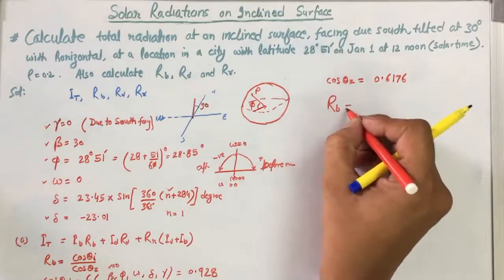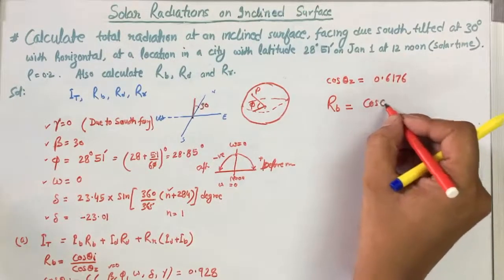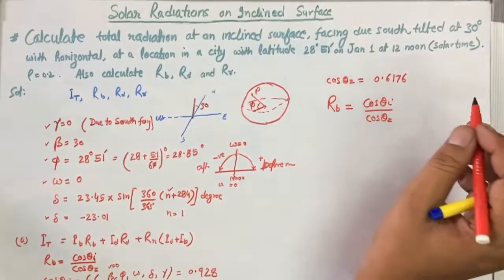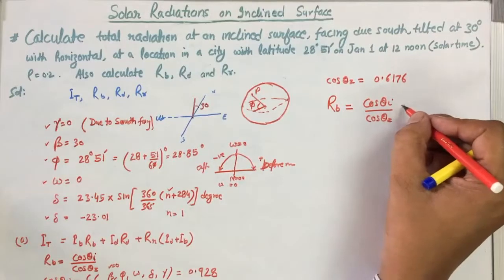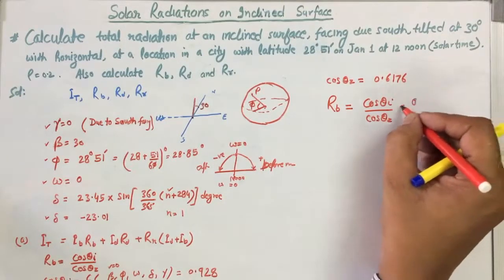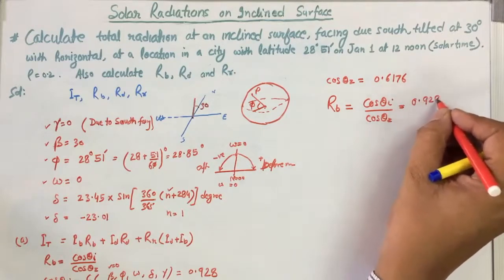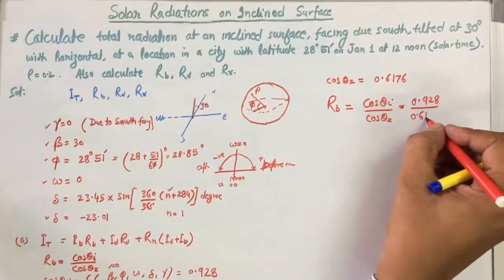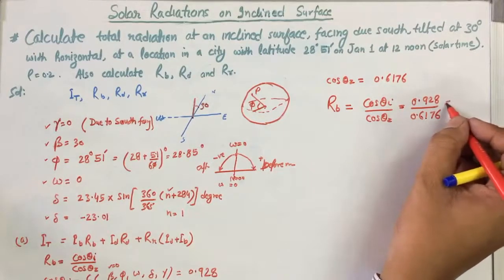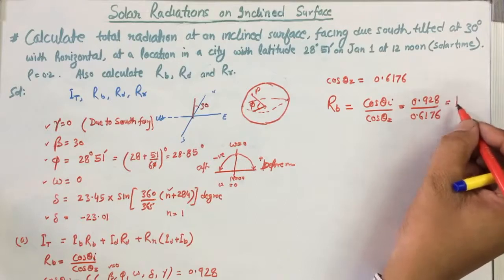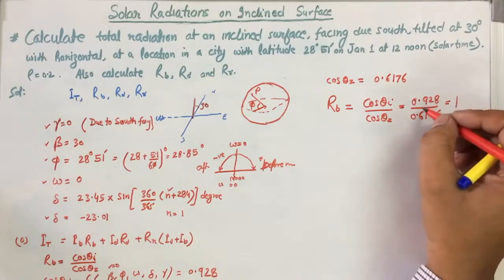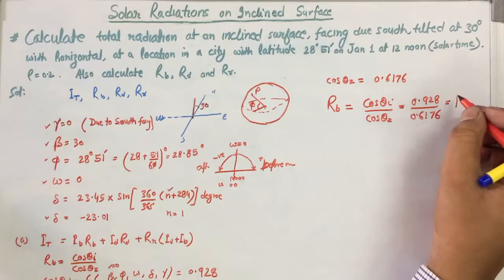Then RB can be said as cos theta I by cos theta Z, as we have discussed just a few minutes before. And we know this, if we divide, then it will be 0.928 divided by 0.6176, it will give us almost 3/2, less than that.